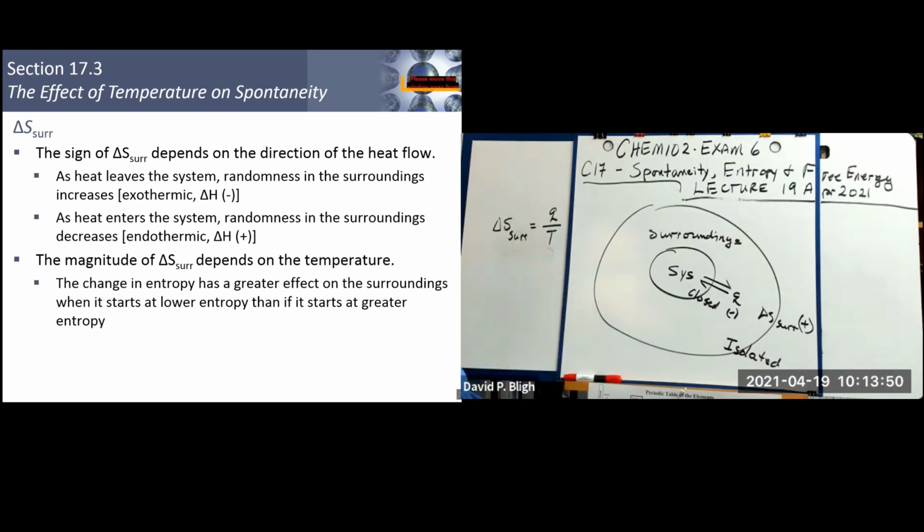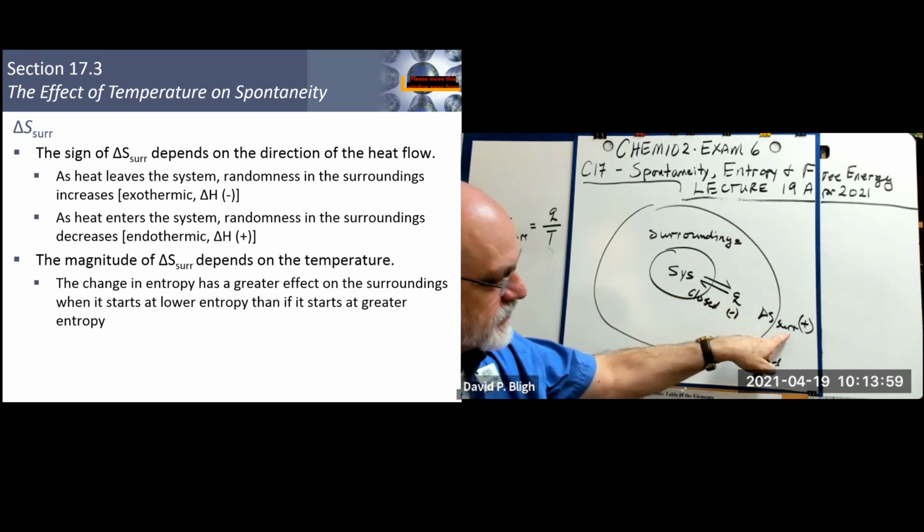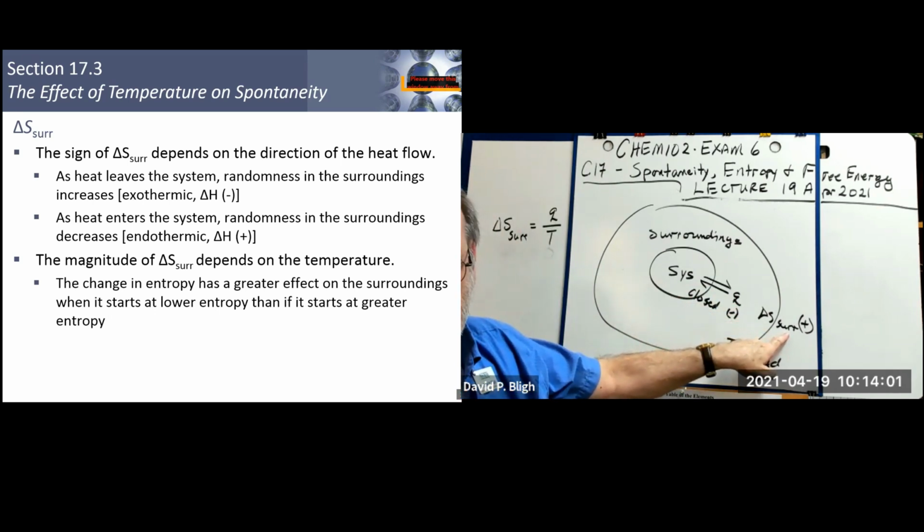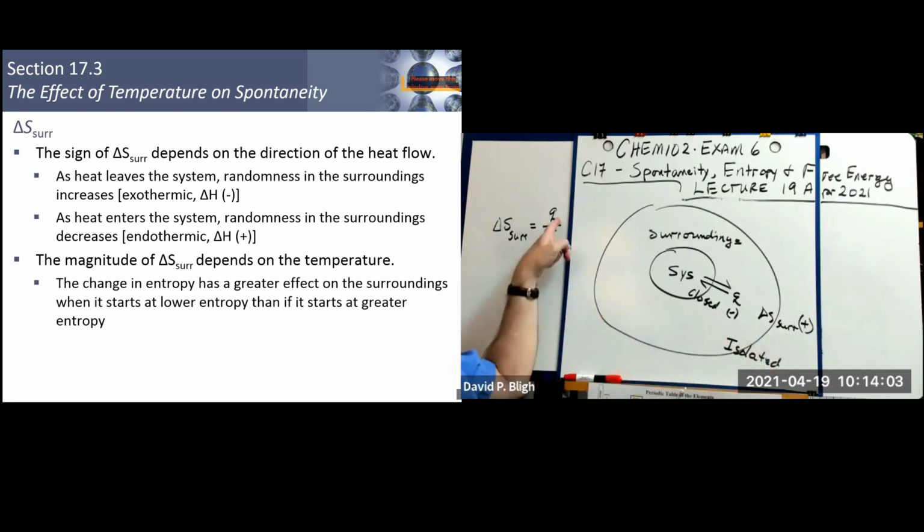Right? Now, we got one other problem, which is the sign. If the heat transfer is negative, this is going to increase. It should increase. But if we leave the sign alone, it's going to decrease. So we have to fudge. Right?